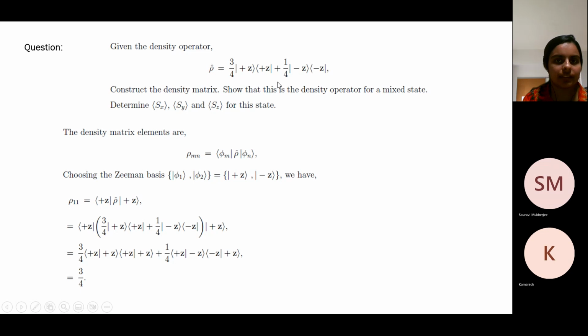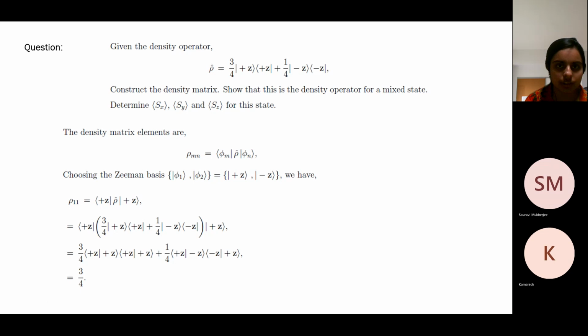This state tells you that it has 3/4 probability of being in plus z and 1/4 probability of being in minus z. That means the system can be in two microstates, plus z or minus z. It is not defined by one particular microstate, right? So that is why it's a mixed state. Correct. That's the physical significance. That's how you have to explain it physically.